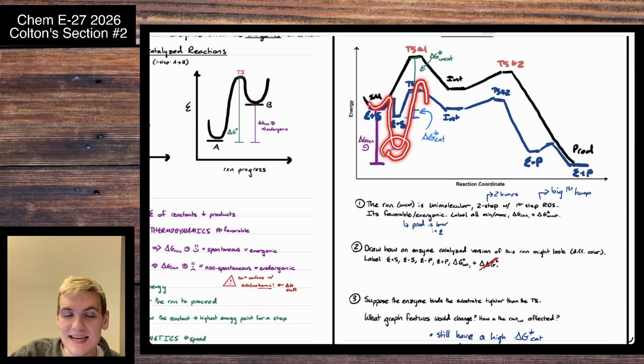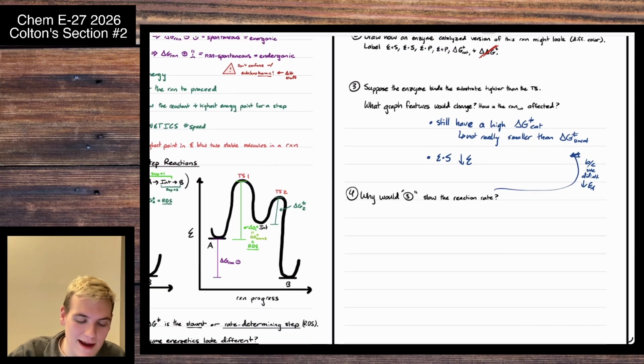So instead of helping us out, if it binds the substrate tighter than the transition state, our substrate, which could just go do a reaction uncatalyzed, is going to get trapped by the enzyme in this little energy well, and it's just going to stay in the enzyme substrate complex, unbothered, and just live there.